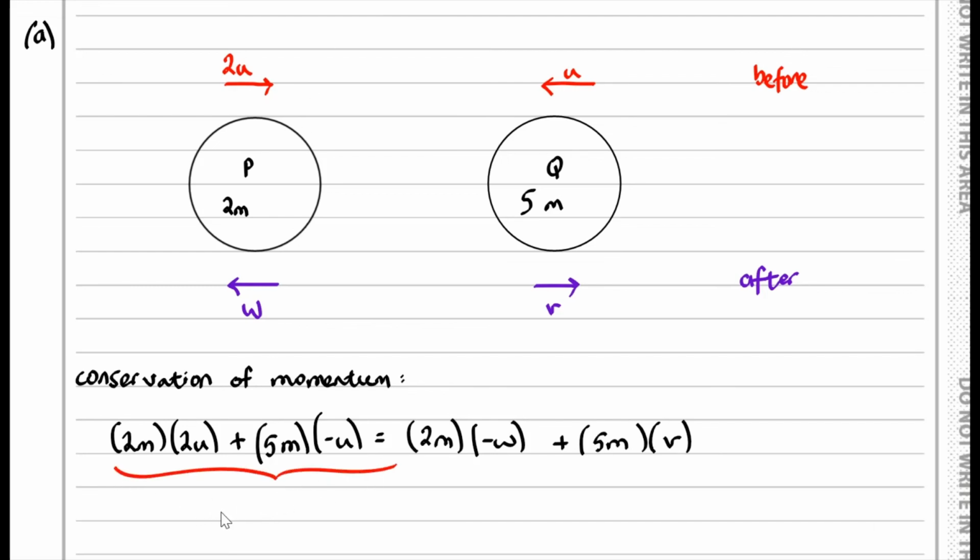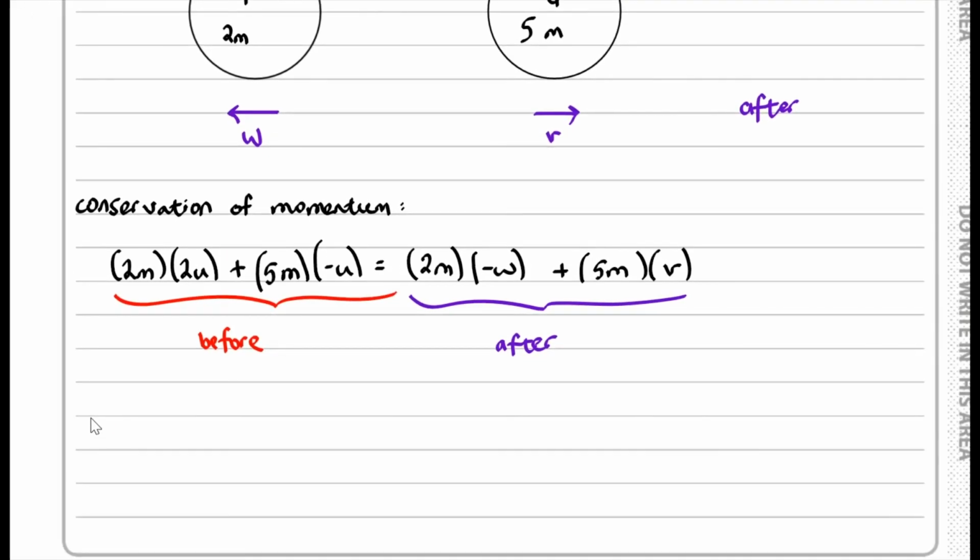So this over here is the situation before, and then here is the situation after. And therefore, simplifying all this, you'd find minus u is equal to 5v minus 2w. We'll call this equation 1.